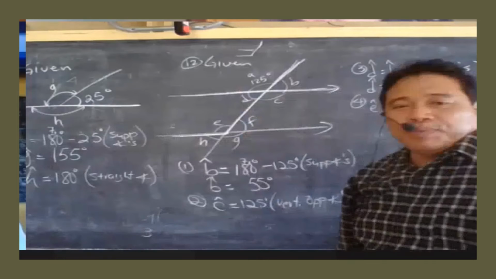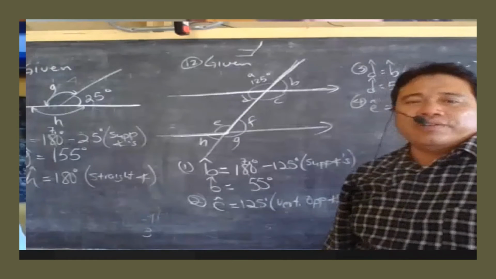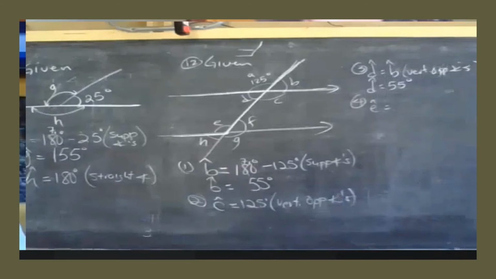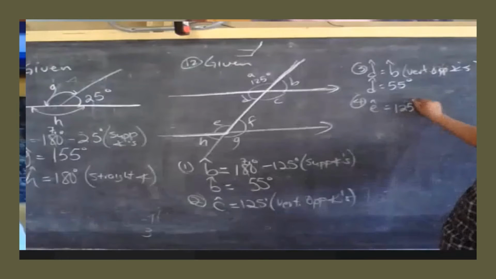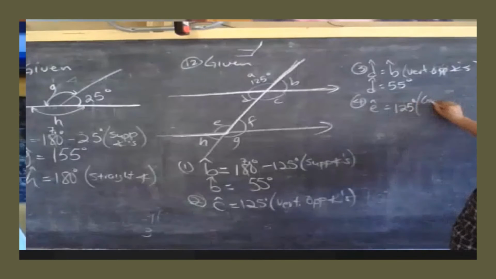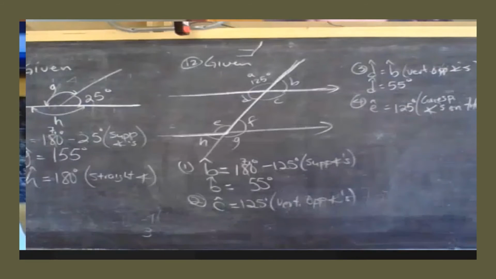That is basically an upside down and reverse F. So that means that E is 125, and we call that corresponding angles on parallel lines.